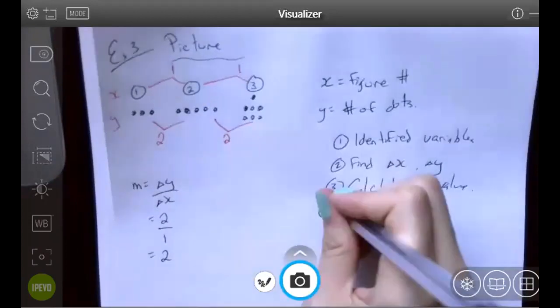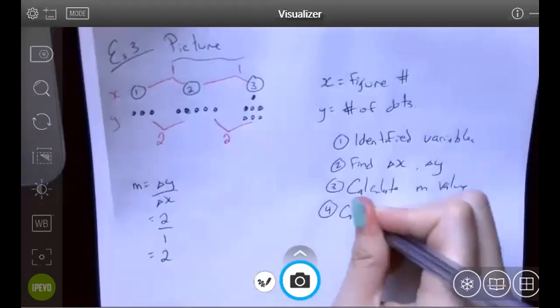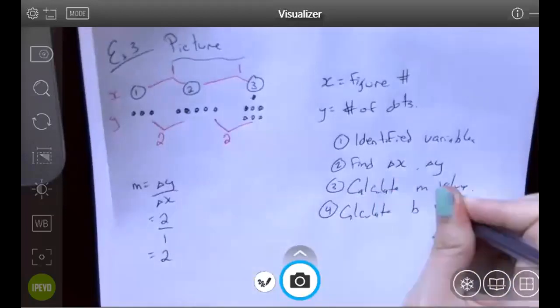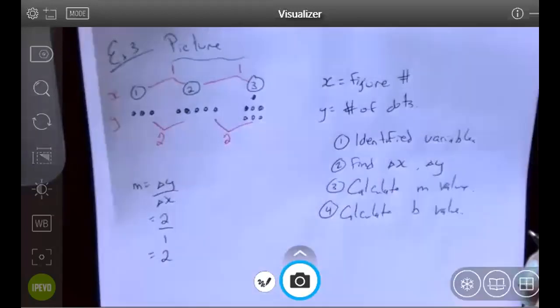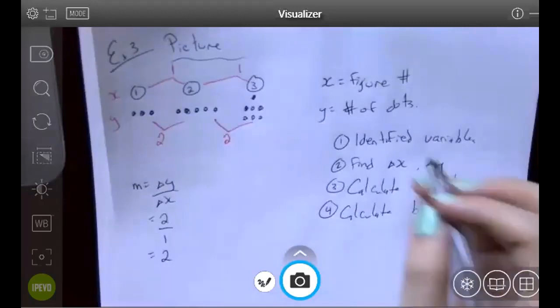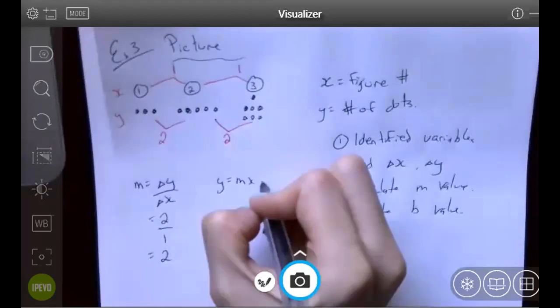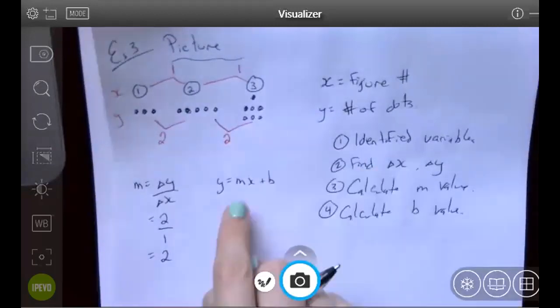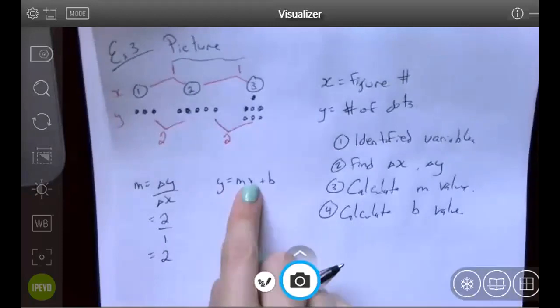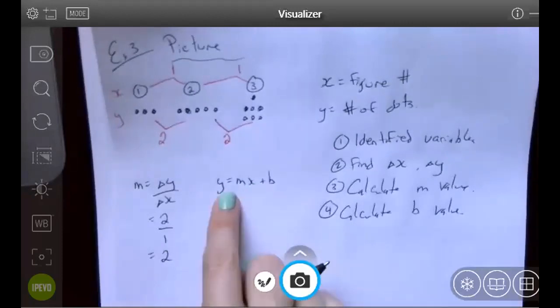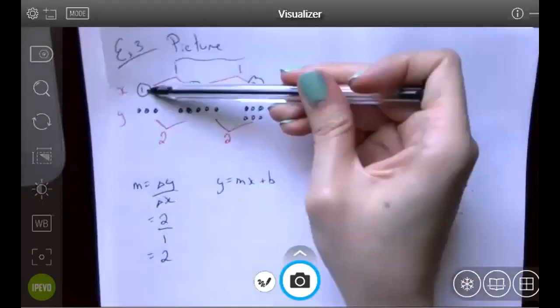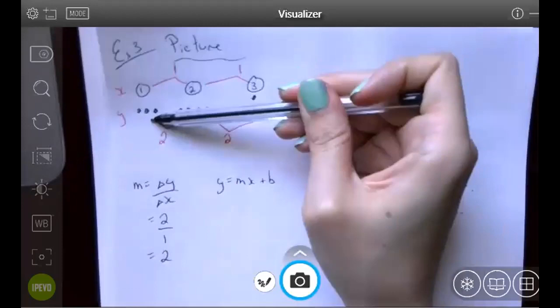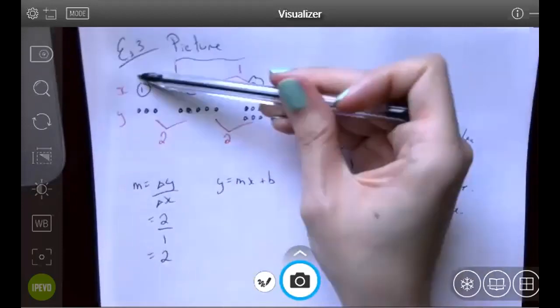Now we have to calculate our b value, which, just like in the first example that we did, we're going to start with y equals mx plus b. We're then going to plug in our m value and any pair of x and y terms. So I'm going to pick an x value of 1, which means my y value is 3. This is the pair that I'm dealing with here.